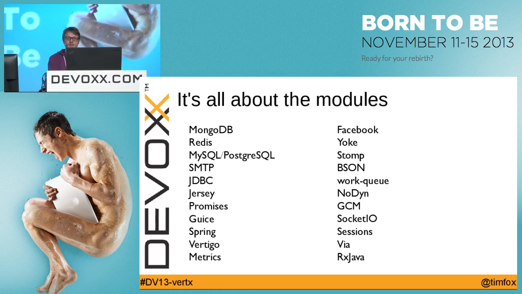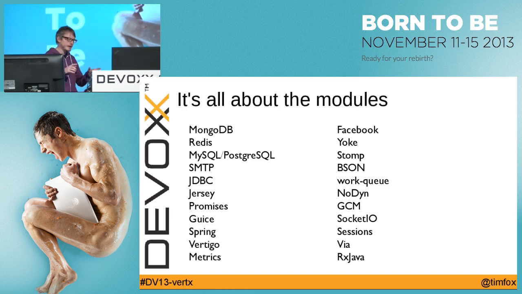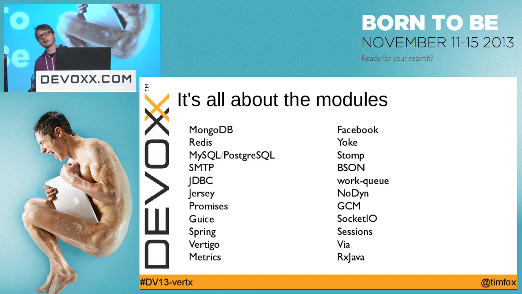And here are some selection of the modules that already exist. We have database stuff like Mongo, Redis, MySQL. Got some Jersey stuff for REST, some Spring integration stuff. There's a really interesting module there called Node.js, and what that is, it's not actually complete yet, but this will be drop-in Node.js compatibility for Vert.x.